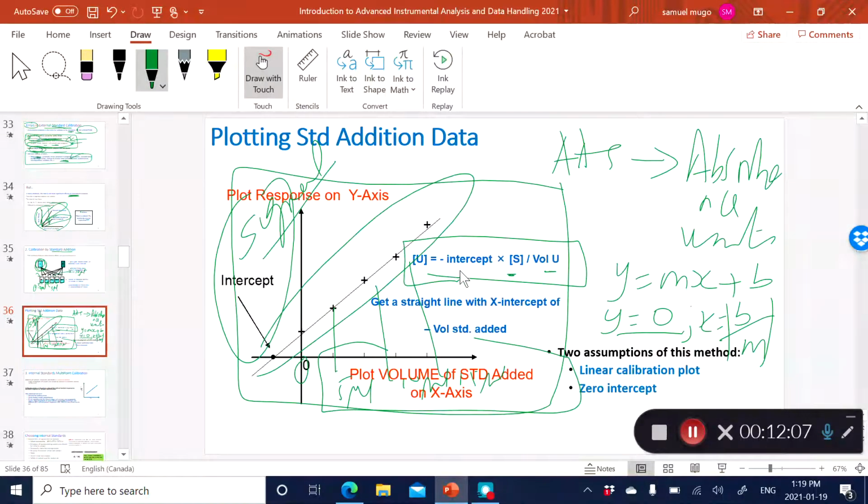All right, so it's going to be negative b over m, and then you multiply by the concentration of the standard, and then you divide it by the volume of the unknown, which is the same in every volumetric flask, and the result that you get is going to be the concentration of the unknown. So fairly straightforward to determine the concentration of the unknown using the standard addition method.